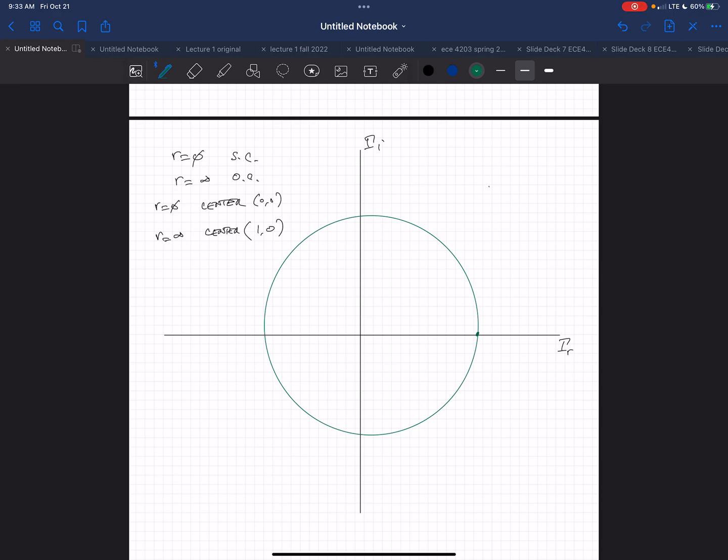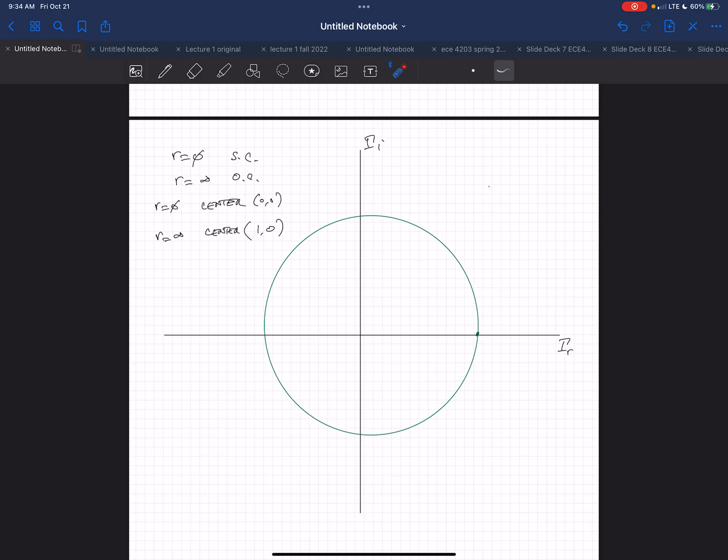And as I go in, there's all the numbers in between, right? Between 0 and infinity. So what I end up with is a bunch of circles that are changing their radius and moving in this direction. Okay, so I end up with like this, this, this. So they're sort of moving the center.